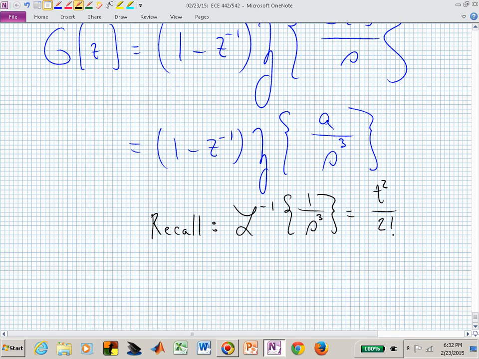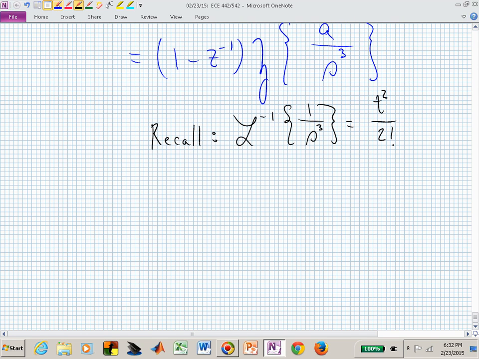In the Z-transform table that you used for exam number 1, it's going to be on row number 8, 2 rows down from the previous one. 1 over s was row 6, 1 over s squared was row 7, 1 over s cubed is row 8.